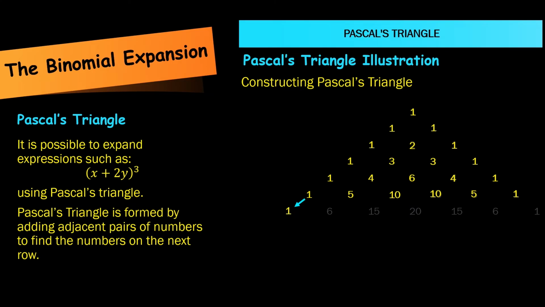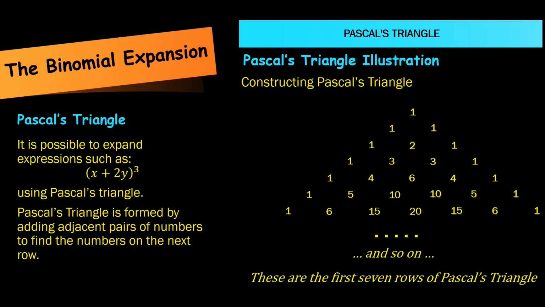Then we repeat. 1 goes here, 1 goes here, 1 plus 5 is 6, 5 plus 10 is 15, 10 plus 10 is 20, 10 plus 5 is 15, and 5 plus 1 is 6. And so on. These are the first 7 rows of Pascal's triangle.